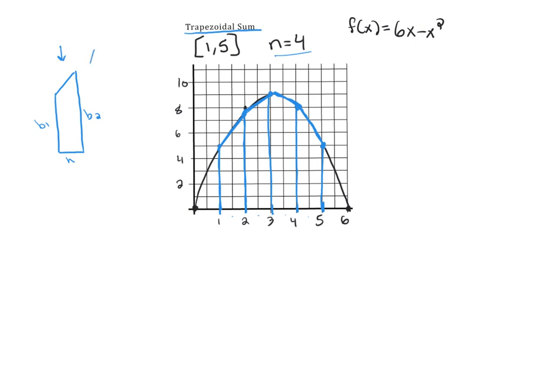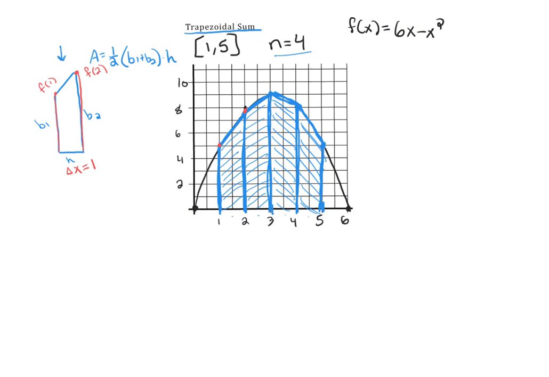And then area of a trapezoid is 1/2 base 1 plus base 2 times the height. And then if you think about on the graph, the height is the change in x, and in this case the change in x is just 1 every time. So from our very first trapezoid here, base 1 would be f of 1, and base 2 we're going to get from f of 2.